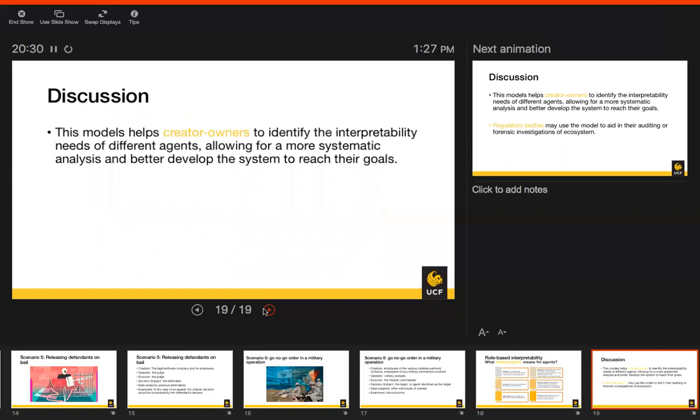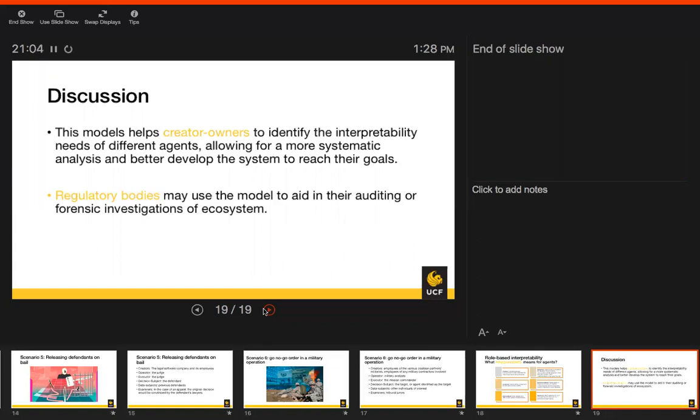This agent-based machine learning ecosystem model helps the creators identify the interpretability needs of different agents, allowing a more systematic analysis and better development of the system to reach their goals. It sets the rules, so it's easier for the creators or owners of machine learning systems to design them better.